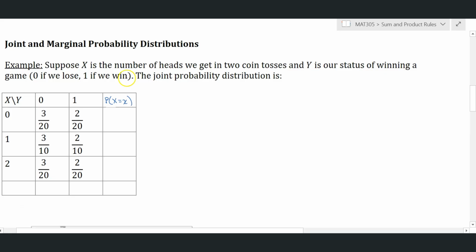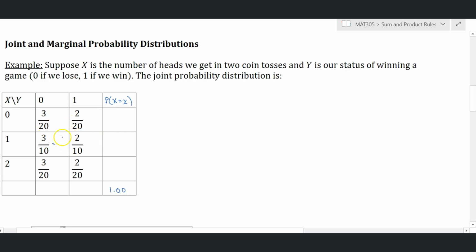Well, the intuitive way of approaching this is, when X is 0, the probability depends on whether Y is 0 or Y is 1. For X to be 0 when Y is 0, there's a 3/20th chance of that. But for X to be 0 when Y is 1, there's a 2/20th chance. Notice that this is going to add to 100%.